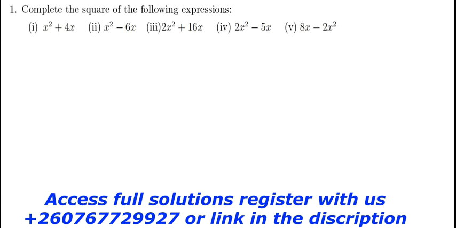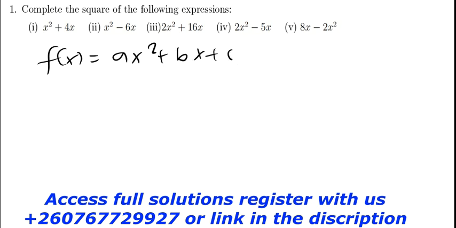Okay, so we're trying to complete the square. The quadratic function is in the form f of x is equal to ax squared plus bx plus c. The first question is the same as f of x is equal to x squared plus 4x, then c is 0.